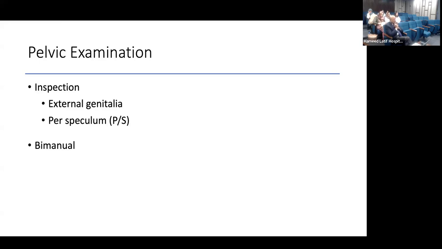Because part of the pelvic examination is bimanual examination, I would say it should be referred to as pelvic examination, which has two components, which is inspection of external genitalia. So you make a comment about external genitalia, that they are normally formed and there is no lesion or swelling, etc. And then speculum examination, part of that.